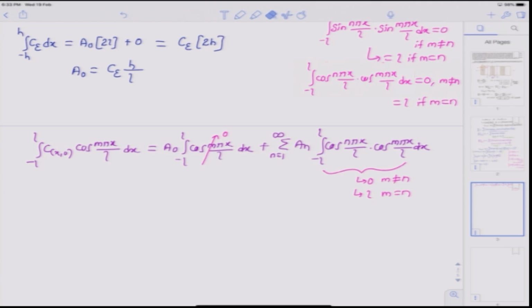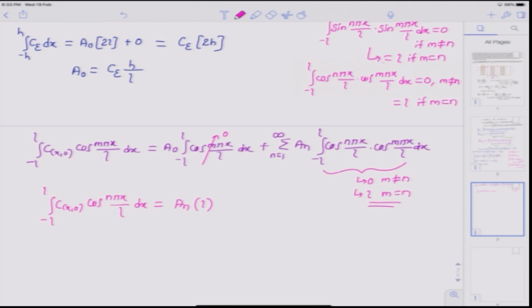So, we can write integral minus L to L C of x 0 cos of n pi x by L, because m is equal to n. So, we will substitute m with n here, is equal to a n times L, because the value of this integral when m is equal to n is L.